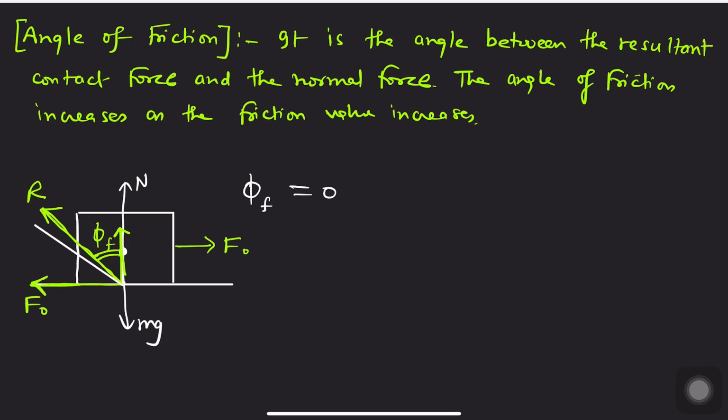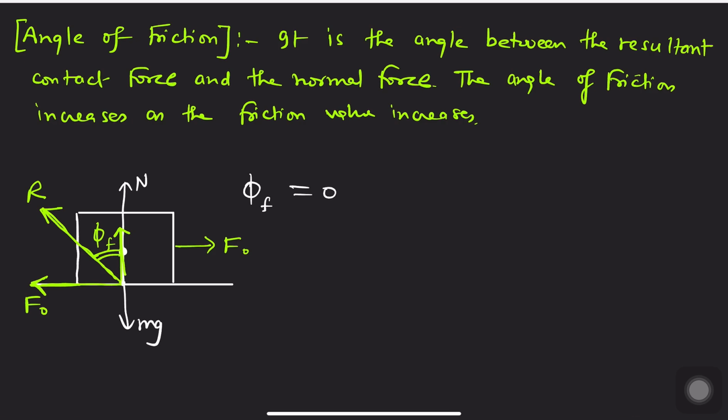Then as it reaches the limiting value, suddenly it goes lower than this. There would be a moment where it drops, and the angle you have at this moment belongs to kinetic friction, because sliding has happened. Because sliding has started, the angle of friction will now get fixed. Are you getting my point? I hope you understood the idea of angle of friction.